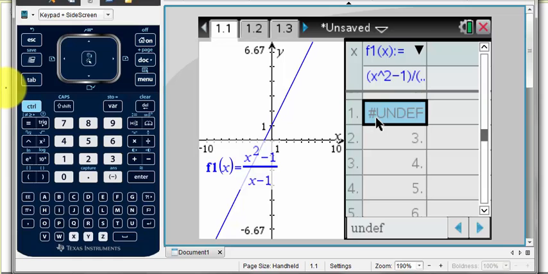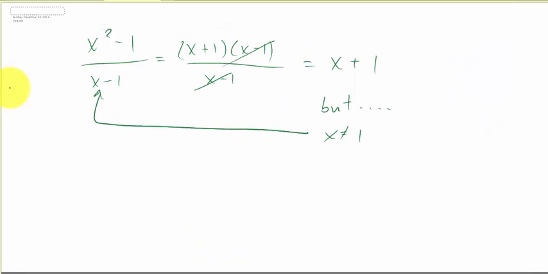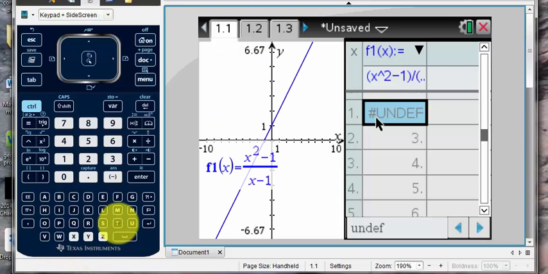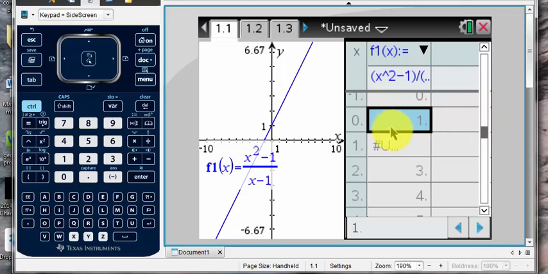And what we see here is that as we approach this graph from the left, from over here, as we approach 1, our graph is getting closer and closer and closer to 2. We're getting closer and closer to 2, but the function doesn't exist there.